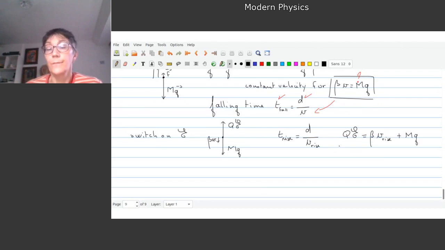And so you can write V rise as a function of this one. And so you will compute the difference between the rising time minus falling time, okay? And so I can write it down, just let me a minute.